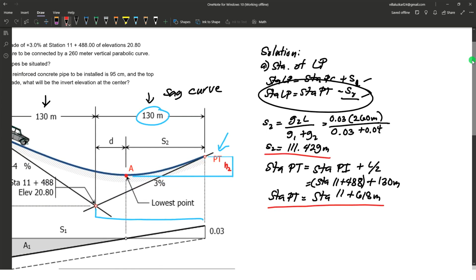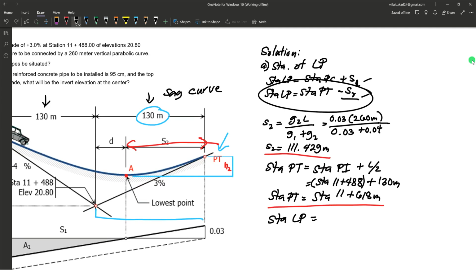We have the stationing of PT, then subtract the distance S2 to determine the location of the lowest point. Stationing of the lowest point is equal to stationing of PT minus S2.